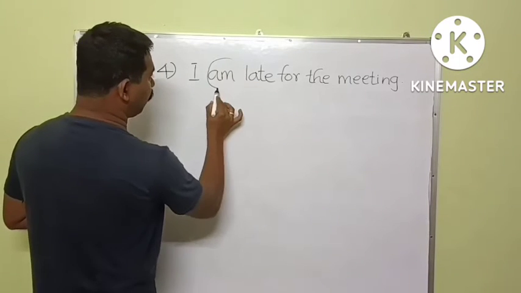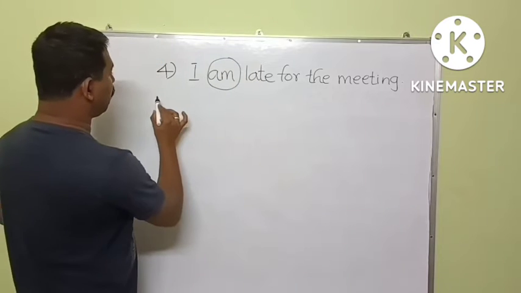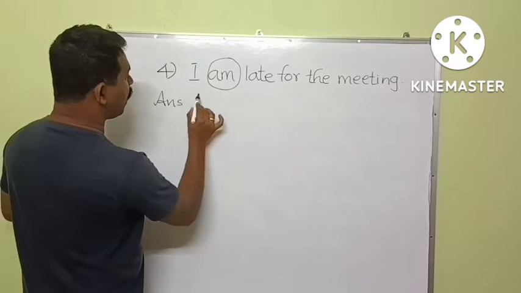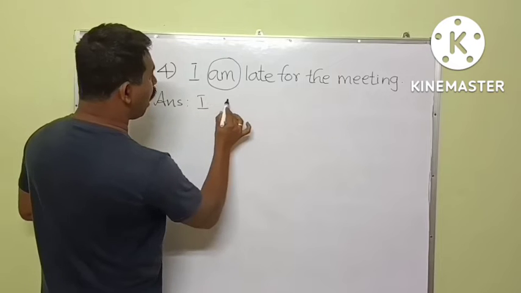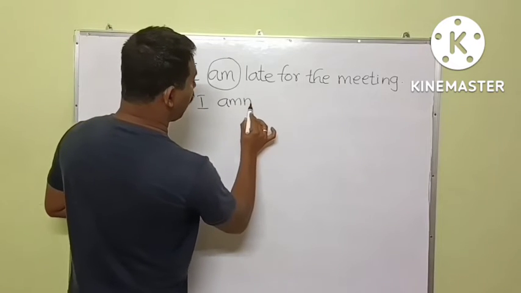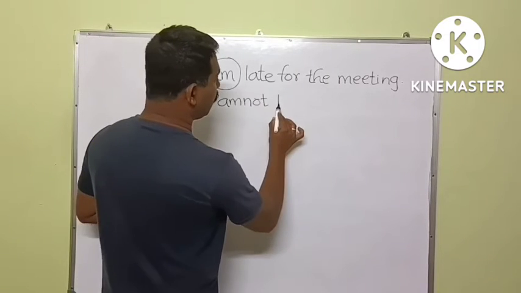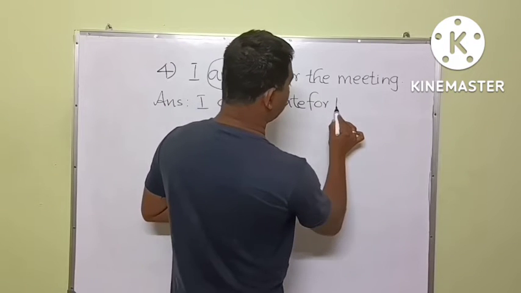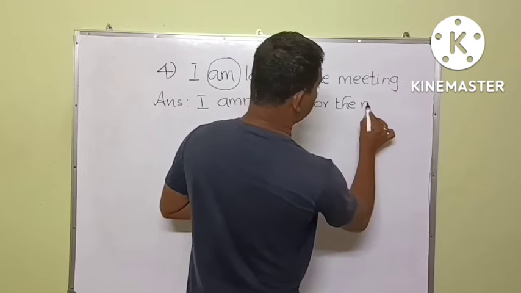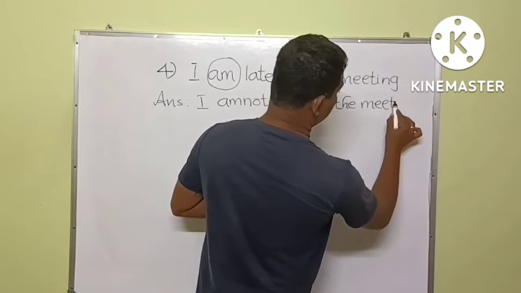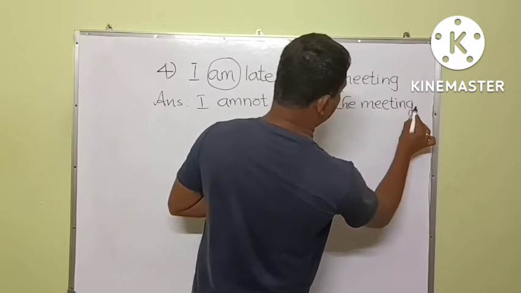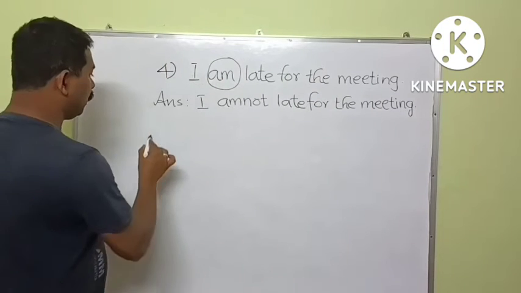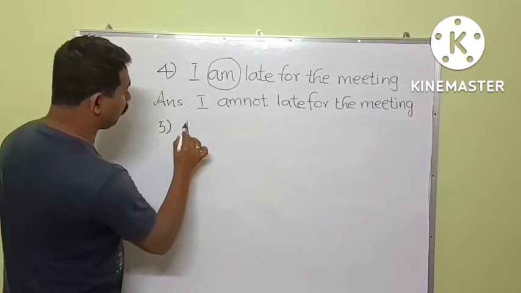Here the auxiliary verb is am, then the answer: I am not late for the meeting, full stop. Example number 5.